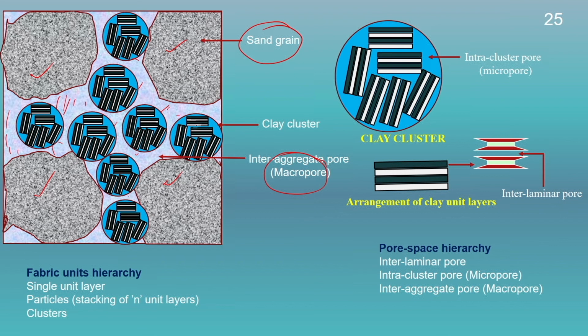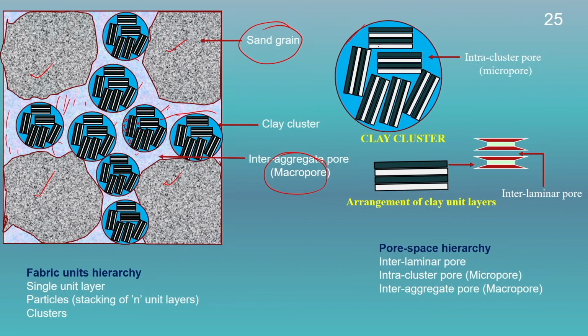In each cluster there will be n number of different unit layers of montmorillonite, and between these clusters or between these montmorillonite particles we can see small voids. These small voids are known as the micropores or intra-cluster pores.